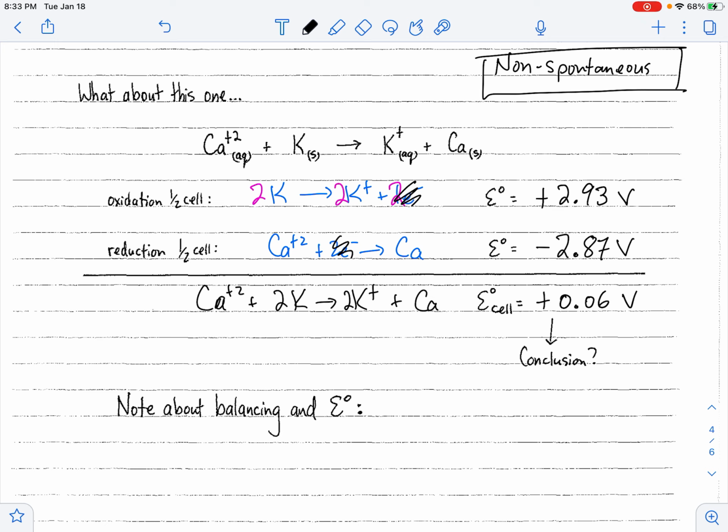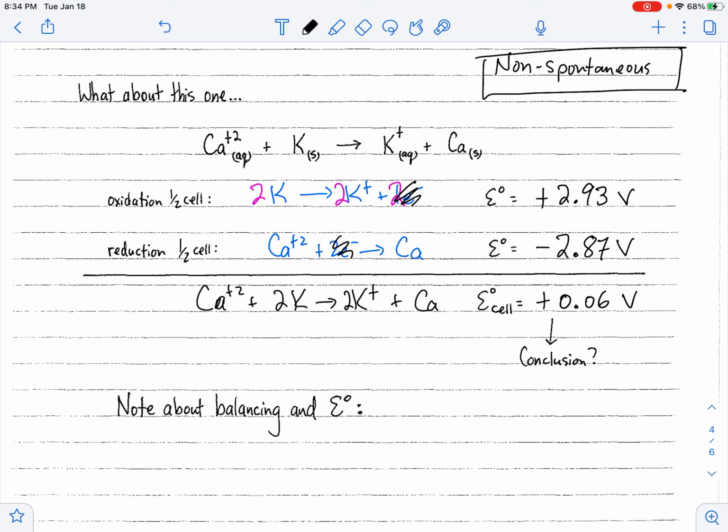But what was really critical is that the potassium's desire to oxidize outweighed the reluctance of the calcium plus 2 to reduce. And so the calcium plus 2 got forced to reduce because the potassium was stronger.